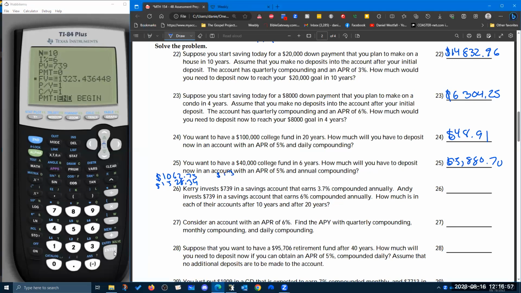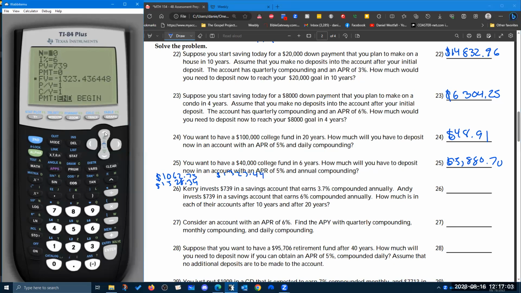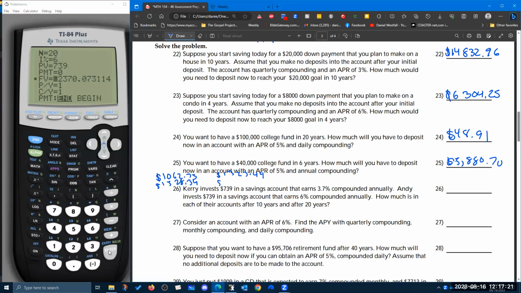In 10 years, he makes $1,323.44. And in 20 years, he makes $2,370.07.